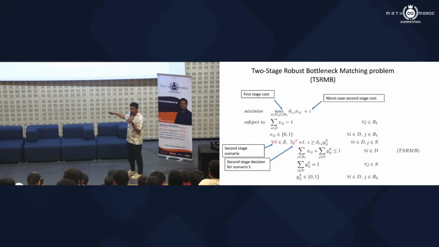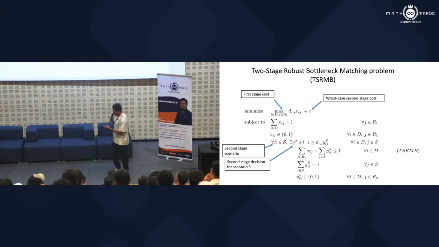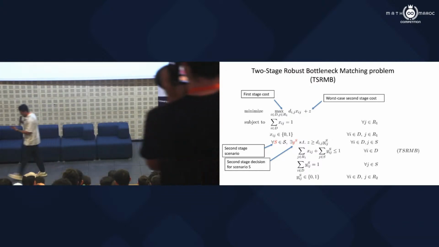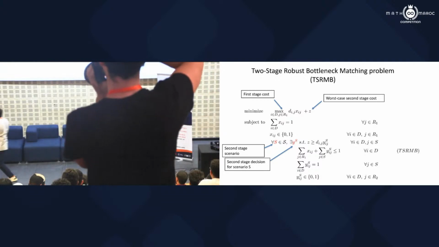Some of the research that has been done currently is to solve these two-stage and multi-stage and online matching problems, both in the stochastic and robust setting. So I'm going to skip some of the stuff here, and I'm going to try to summarize some of our results on this problem.